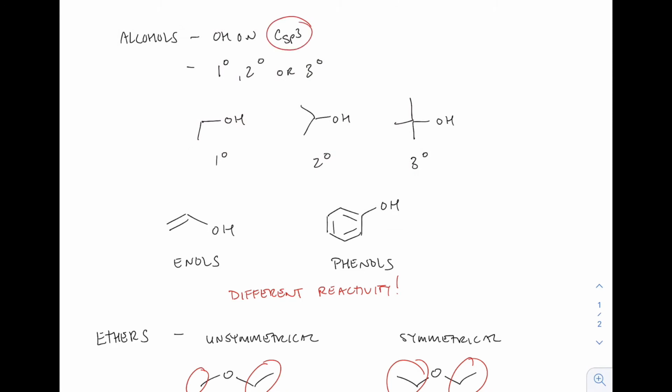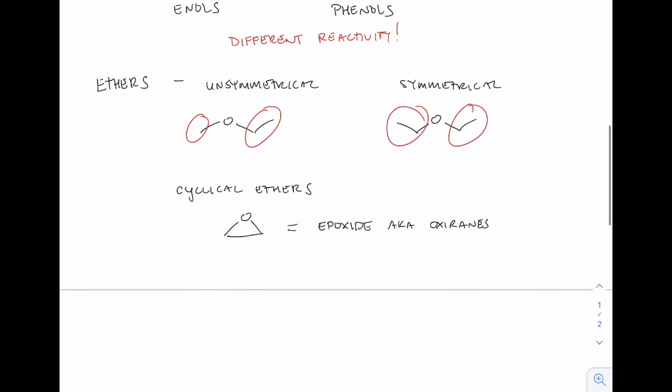All right, so let's take a look up here. We've got our CsP3 carbon for our alcohols, and they're all tetrahedral. That means they're going to have approximately a 109.5 degree angle. Now it is going to vary depending on the steric hindrance around that oxygen, but the oxygen is sp3 as well, and it has that tetrahedral geometry.